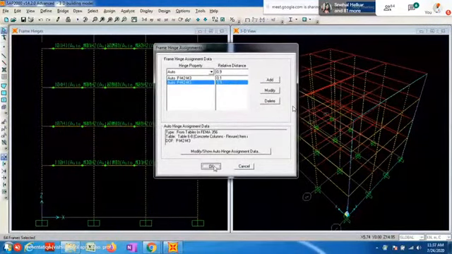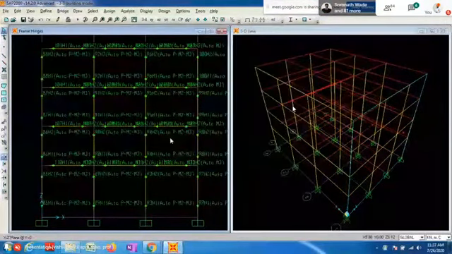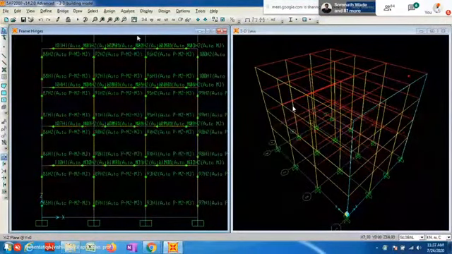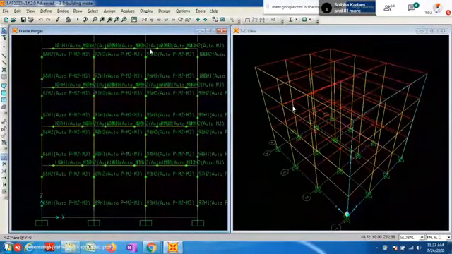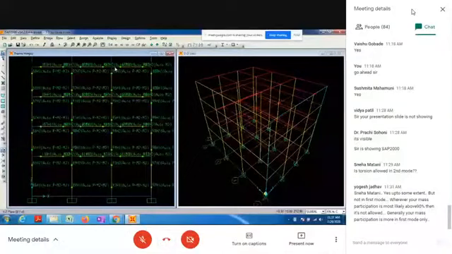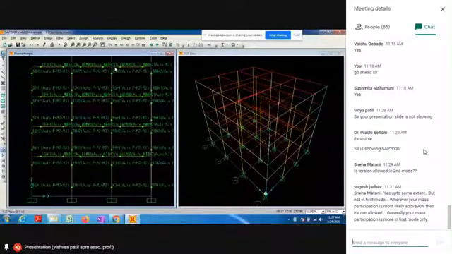Okay. Now we have assigned the nonlinearity to the columns also. This is a flexural nonlinearity we have assigned. We have not defined shear hinges. There is one reason for not assigning the nonlinearity to shear hinges. Why? Because this is a new building.